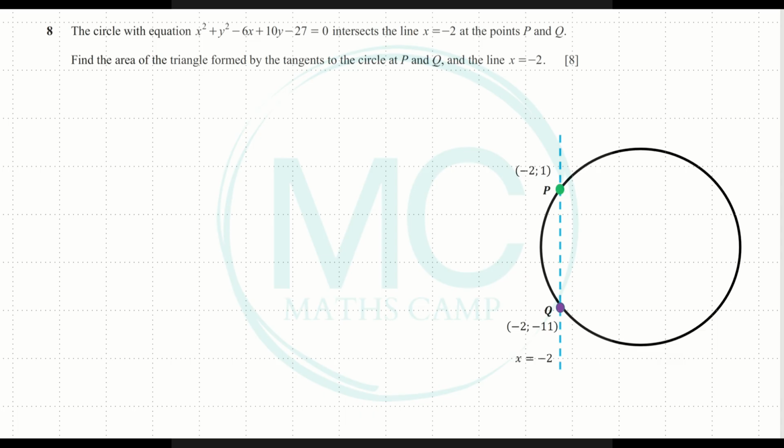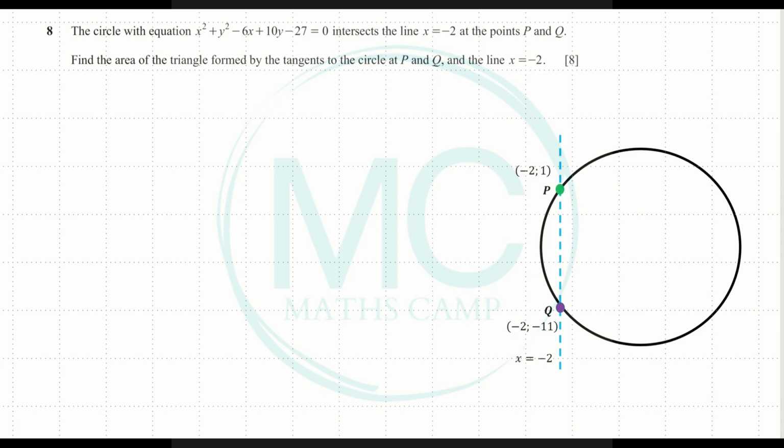The area of the triangle is bounded by the tangents at P and at Q. So to draw a triangle, we need to know where these tangents lie. To find the equation of a tangent, we need one point and the gradient. But remember that tangents are perpendicular to the radius.